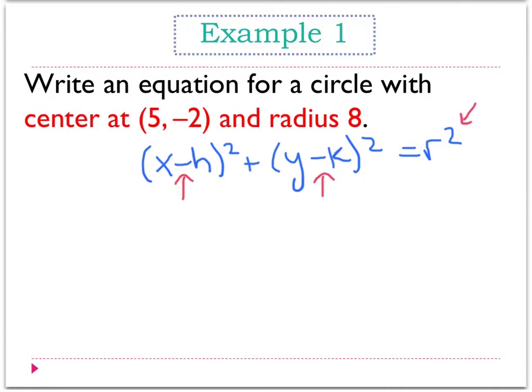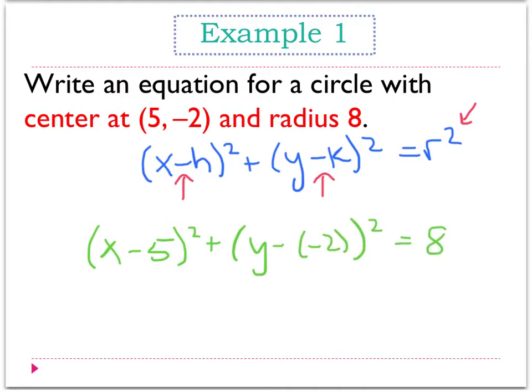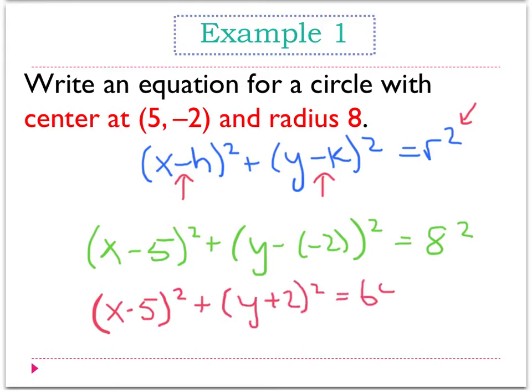So plugging everything in, we get (x minus 5) squared plus (y minus -2) squared equals 8 squared. So simplifying that, (x minus 5) squared plus (y plus 2) squared equals 64.